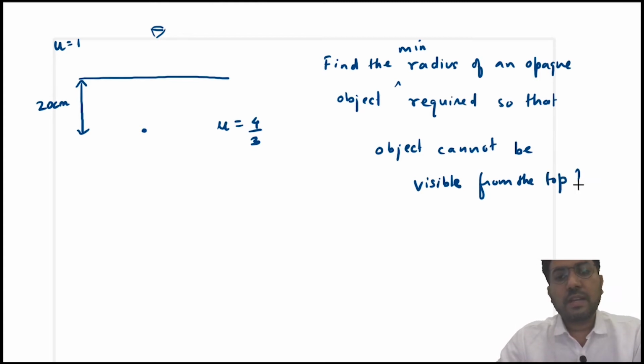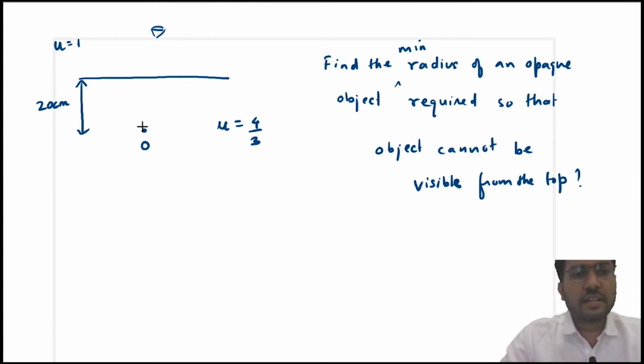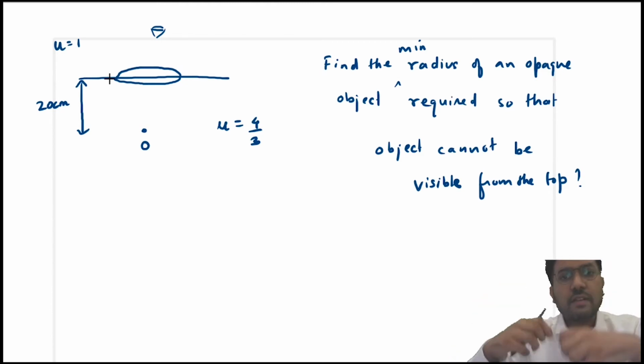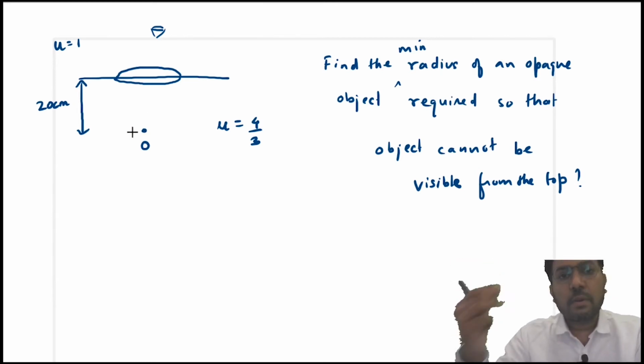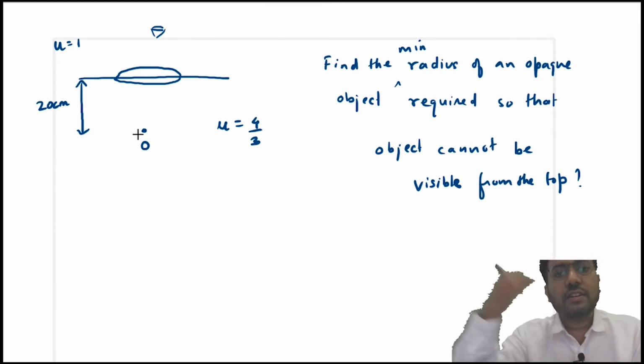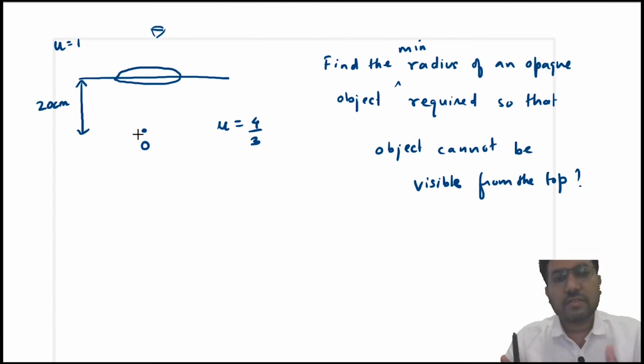What does this mean? This is the object here, and they are asking you the radius of a region. That means you should cover the circle of illumination. When you cover the circle of illumination, this light ray will never reach the other medium. If the light ray from the object is not reaching the other medium, the eye cannot see it, right?